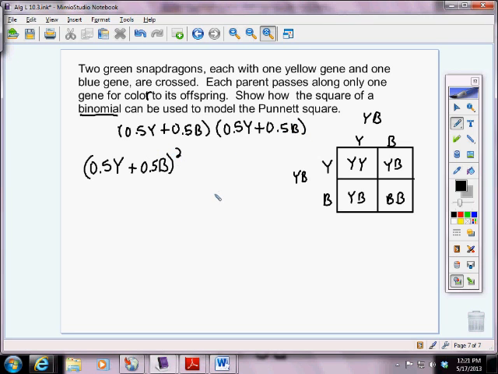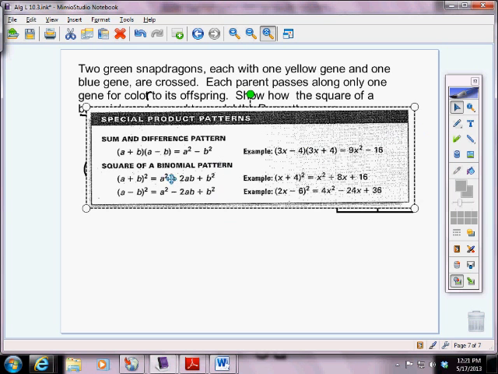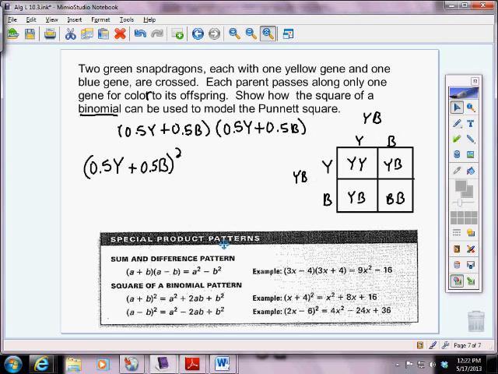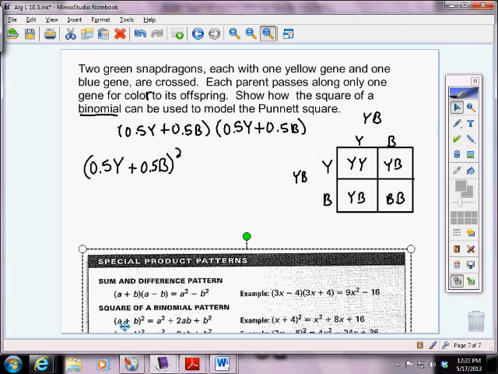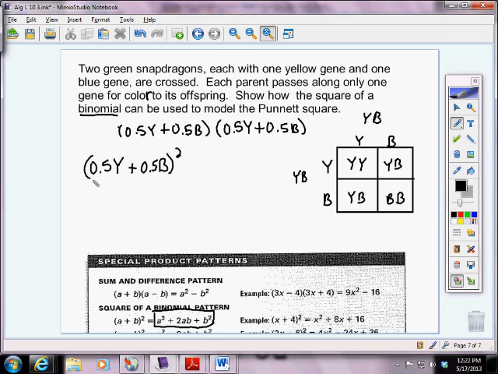Now, our special product pattern right here, I'm going to slide it down, says that if you have one term plus another term squared, all we have to do is take the first term and square it, plus 2 times the first term times the last term, plus the last term squared.